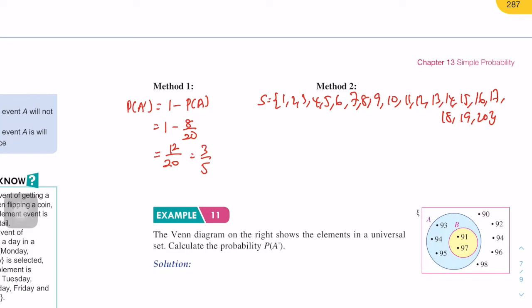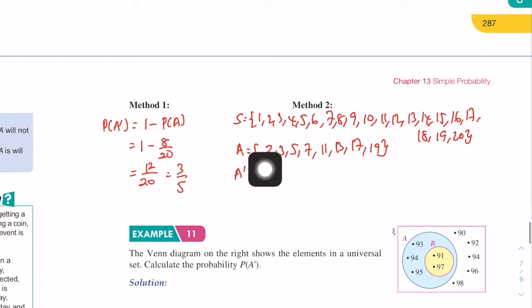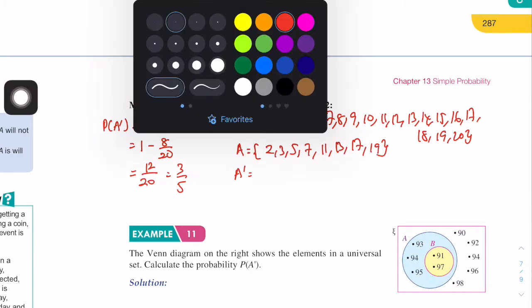And then we know event A is equal to 2, 3, 5, 7, 11, 13, 17 and 19, where A prime is the event other than A. So you can cross it out.